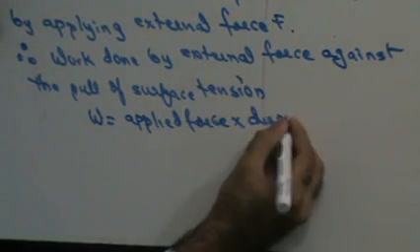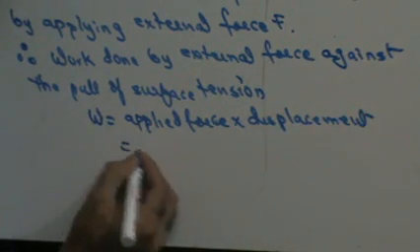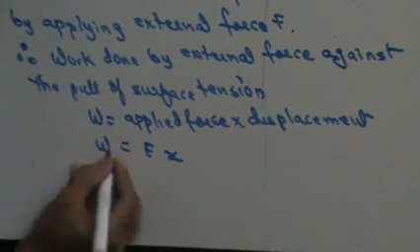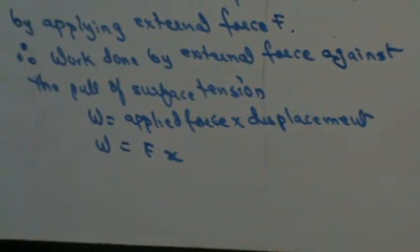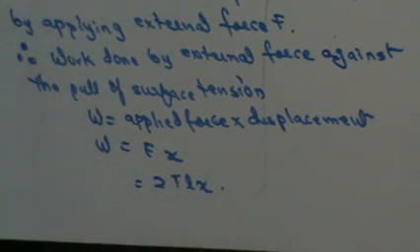Force we are saying is F, displacement is x, so the work is going to be force into displacement, but force we said is 2TL, so work will be nothing but 2TL into x.